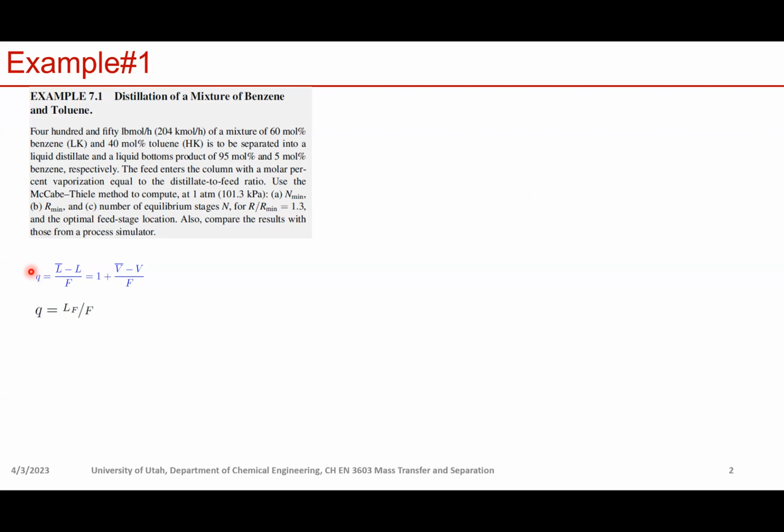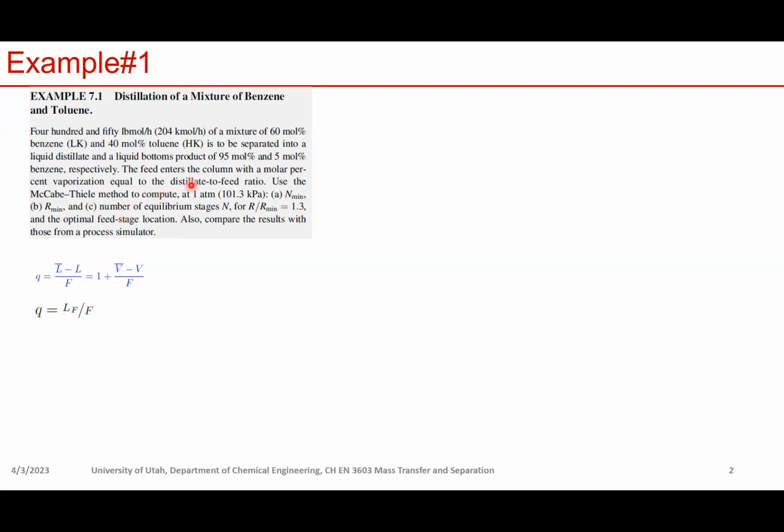By definition, q is the ratio of the flow rate change in the liquid stream over the total feed flow rate. In this particular case, we have a feed that is a vapor-liquid mixture. So q is basically the liquid flow rate in the feed over the total flow rate. We just need to compute LF, then we can find q.